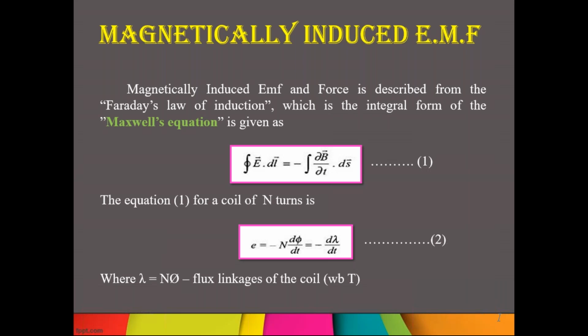Scalar quantities have only magnitude. Vector quantities have magnitude and direction. See, here in equation 1 I am representing E bar, right? This is the vector parameter.